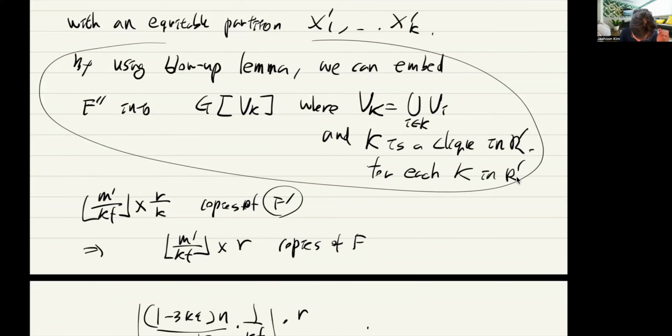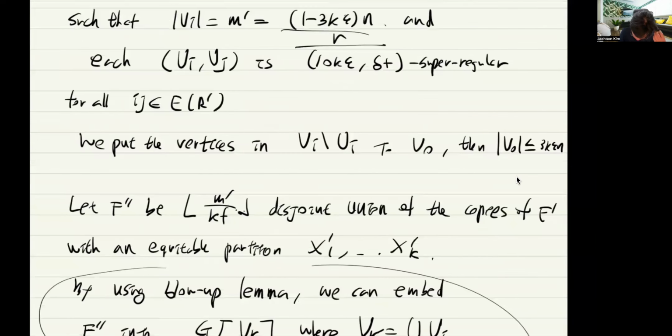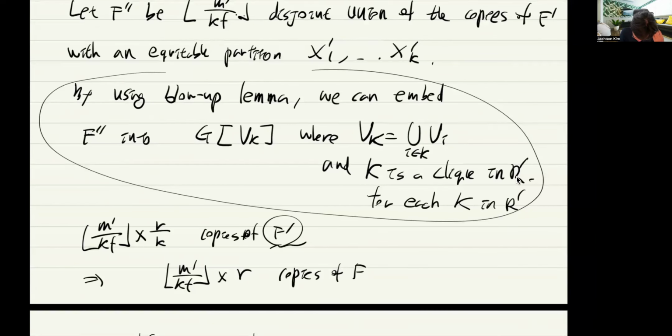Where did we make a mistake? It seems that I have made a mistake. Which F prime has M prime over F K copies. No, you use K copies, so this is not here. So you use all together what?